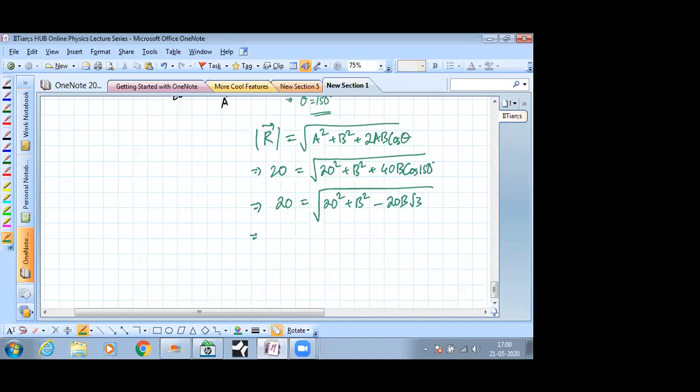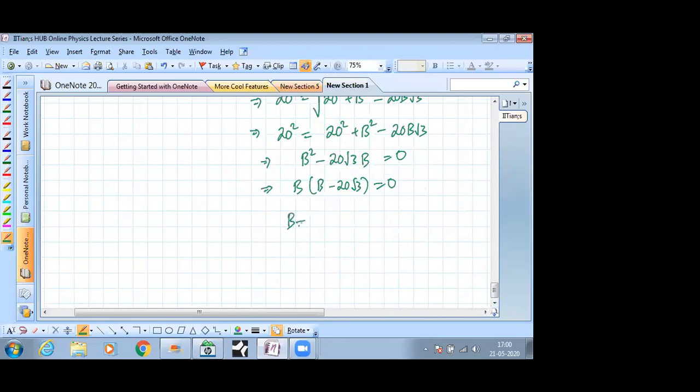Now square both sides. So 20 square is equal to 20 square plus b square minus 20 root 3 times b, so b square minus 20 root 3 times b should be 0. Obviously b cannot be 0 because b is a non-zero vector by magnitude.